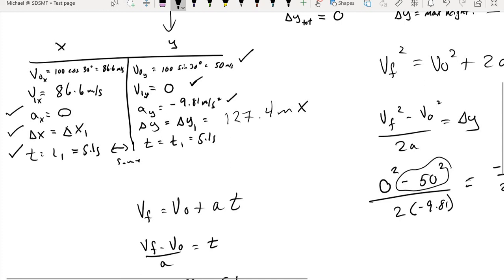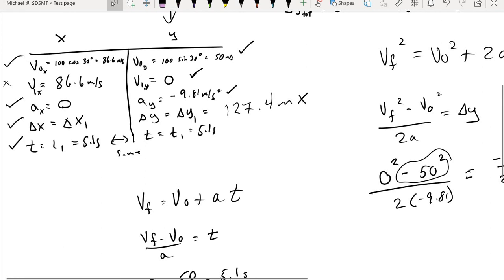And then I just have to pick one of the 2, either the initial or the final velocity for this interval. I'll go ahead and pick the initial. So I need an equation that leaves out the final velocity. And that should be this one.